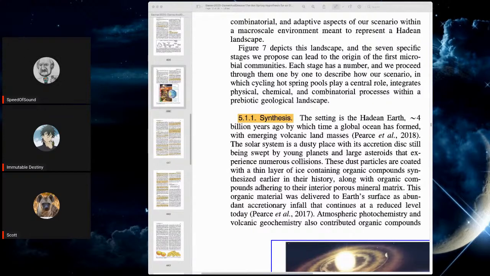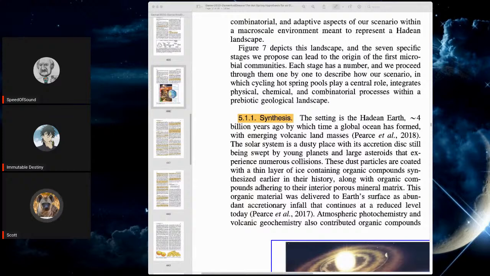5.1.1 Synthesis. The setting is the Hadean Earth approximately 4 billion years ago, by which time a global ocean has formed with emerging volcanic landmasses. The solar system is a dusty place with its accretion disk still being swept by young planets and large asteroids that experience numerous collisions.